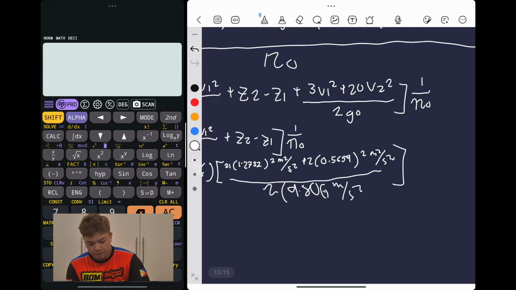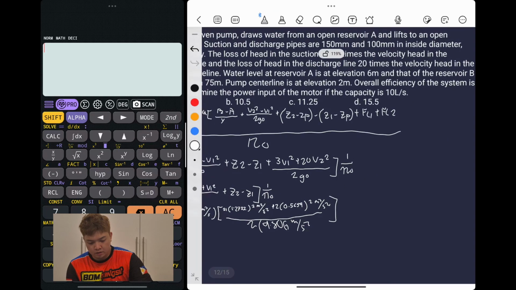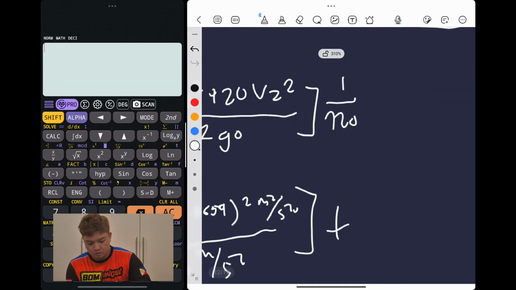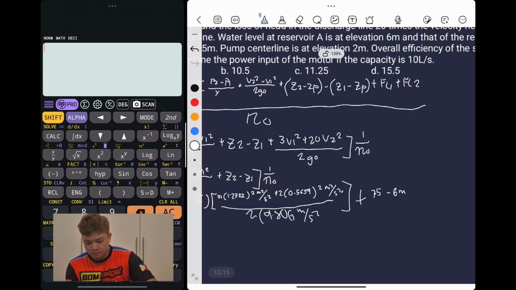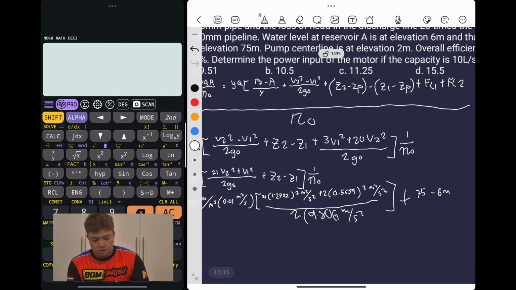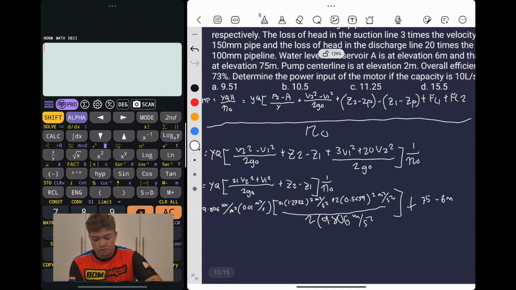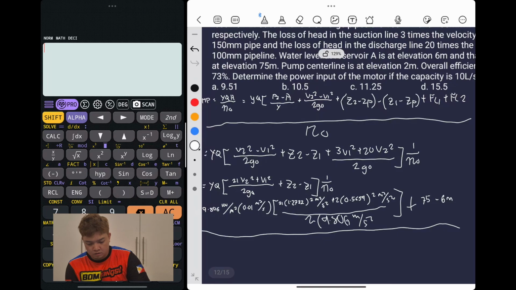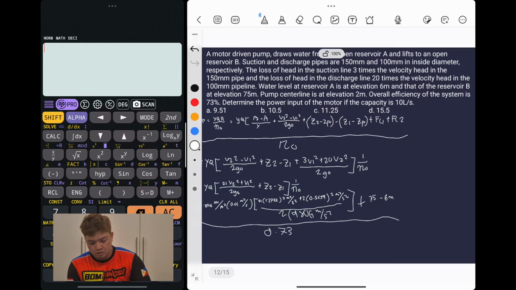9.806 meters per second squared, plus 75 minus 6 meters, which is the elevation we removed, then all over 0.73.